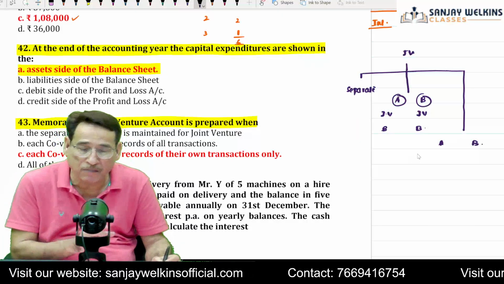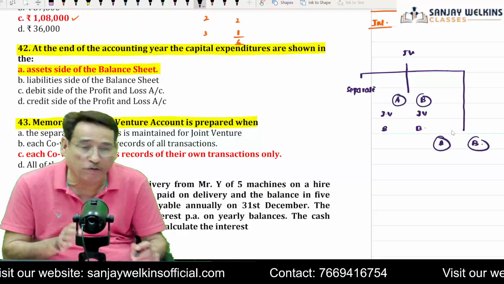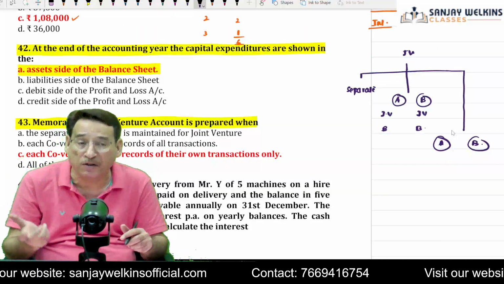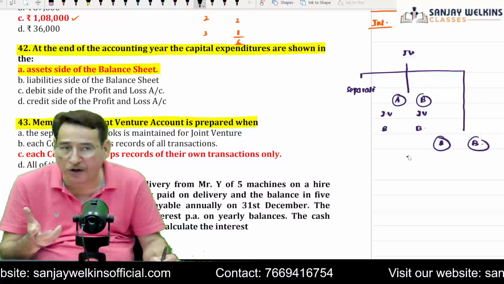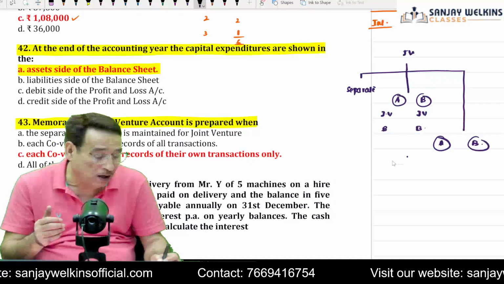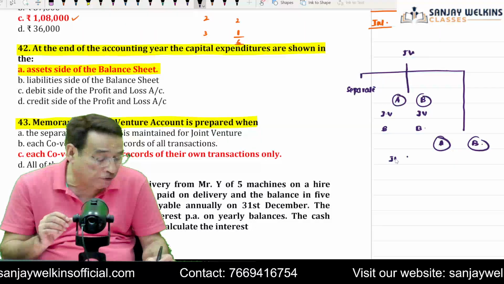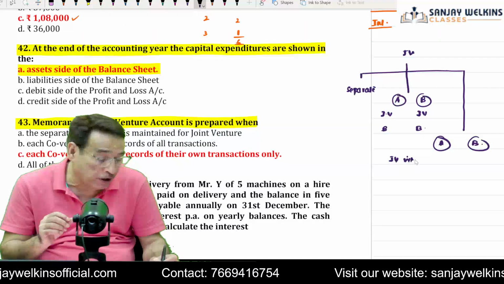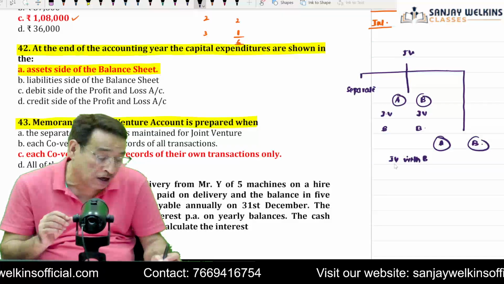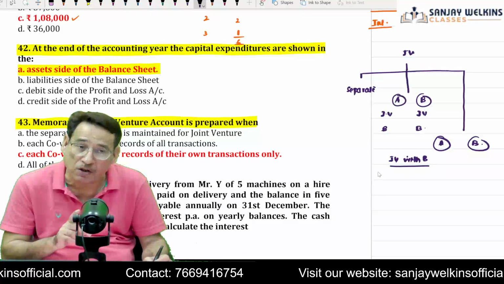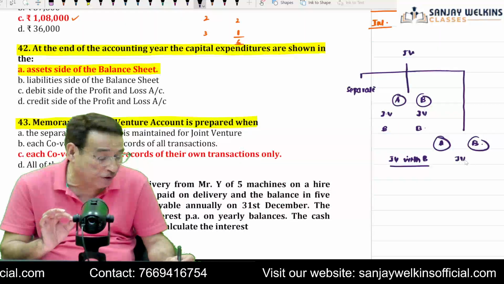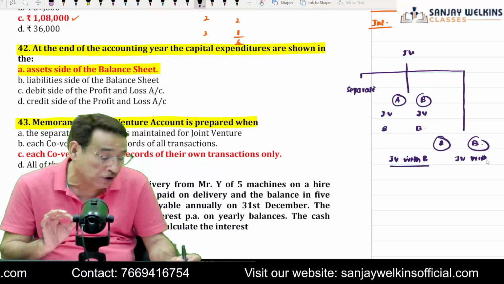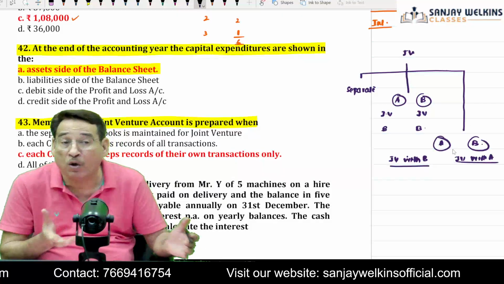In this case, both will record only their own transaction. A will prepare joint venture with B account, and in this account he will record his own transaction, not the other party's transaction. Similarly, B will prepare joint venture with A account, and he will record his own transaction.